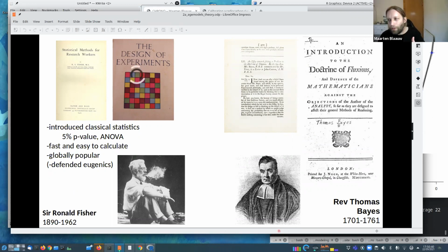He introduced classical statistics, when we think of, say, the 5% significance level or ANOVA. That's the type of statistics that he developed, and it becomes synonymous with statistics. I myself, however, never ever use it.